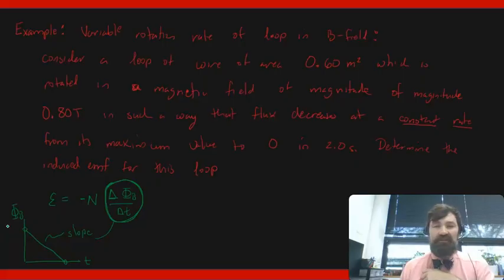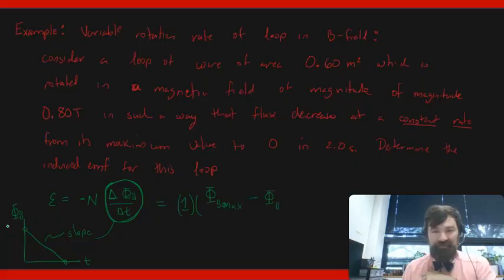So basically what I need to do in order to get this is, again, I'll plug in a 1 for the n, and I'll recall that I don't really care the direction of anything. We'll just have 1 for n times that slope. And that slope basically is, you could say, from maximum, so B0 or B max, minus minimum.